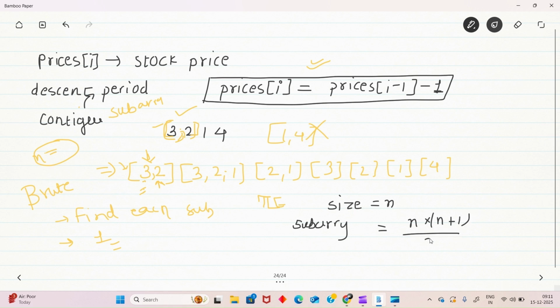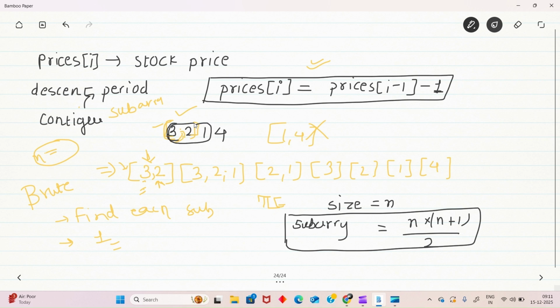This is the formula. Let's take the same example, and I will consider this as my longest descent period. Then I don't need to find each one of these, like 3 2, 2 1, right? I can just use the formula and get the count.